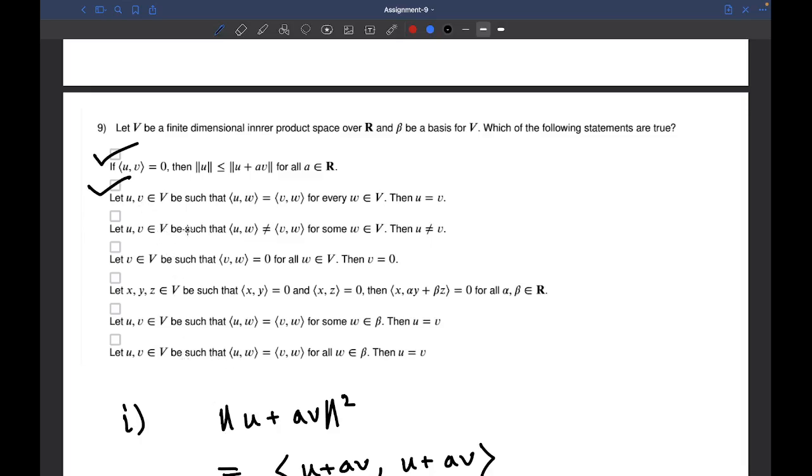What is option number 3? For U and V in the space, say that if the inner product of U and W is not equal to the inner product of V and W for some W belonging to the space, then U is not equal to V, right?